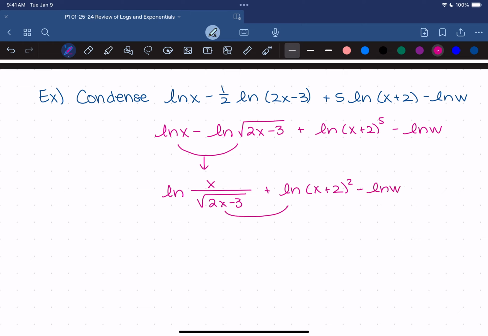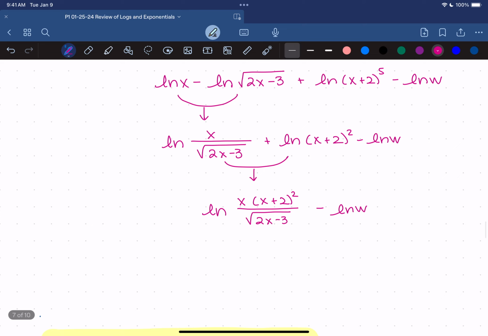Okay, now I'm going to take these two, and because there's a plus sign in between, I'm going to multiply this by this. I'm going to get natural log of x times x plus 2 squared over the square root of 2x minus 3, but then I still have a minus natural log of w.